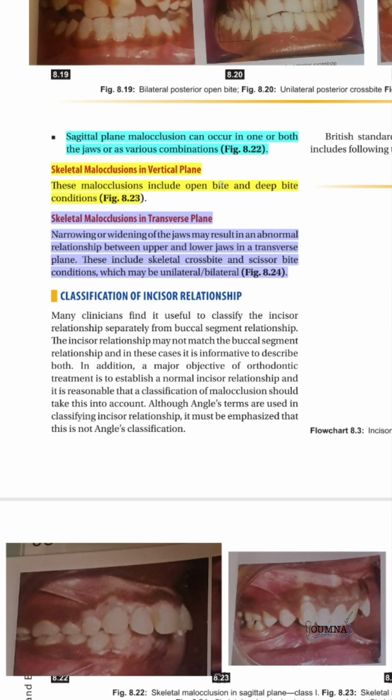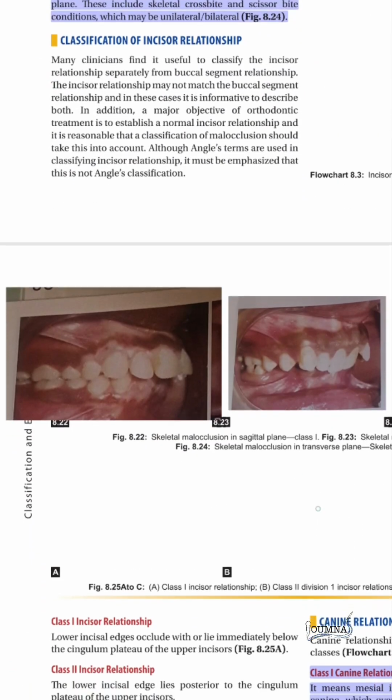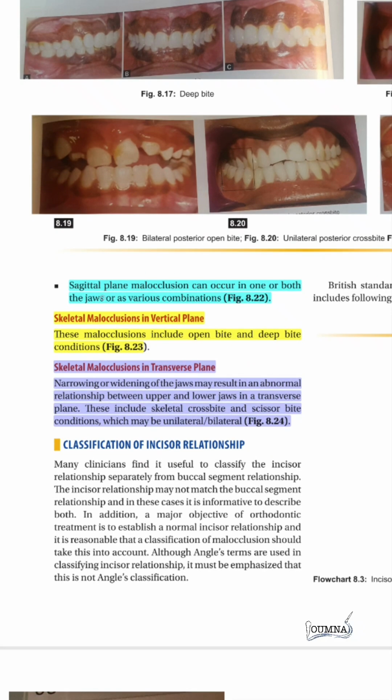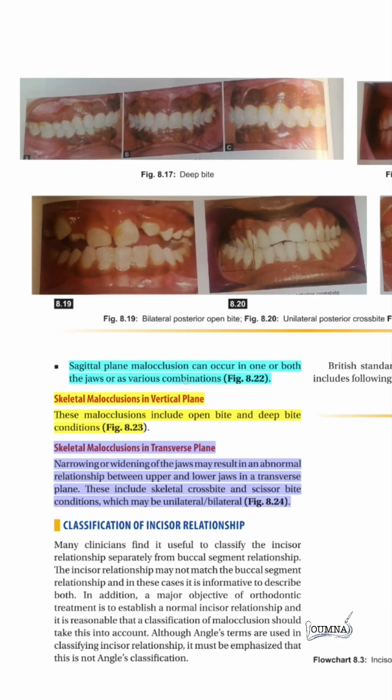We have open bite and deep bite in the vertical plane. We have cross bite, whether unilateral or bilateral, in the transverse plane, and we have sagittal plane malocclusion if it was skeletal.